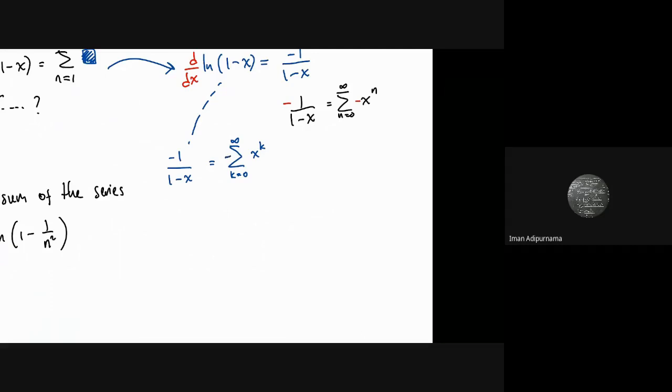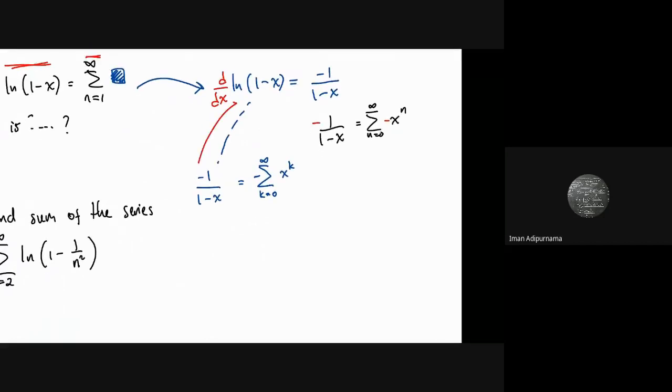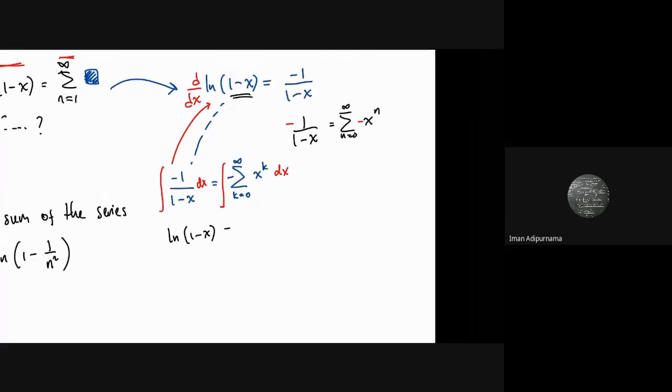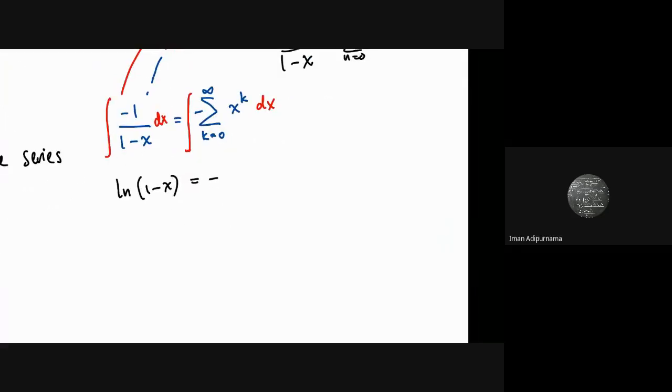Now what we are going to do, we want to get back to this ln form. We need to integrate. Okay. Now we can just integrate like usual. This becomes ln of 1 minus x, our original equation, equal to negative, and then this is the sum over k, and we just integrate x to the power of k, giving x to the k plus 1 divided by k plus 1, plus c.